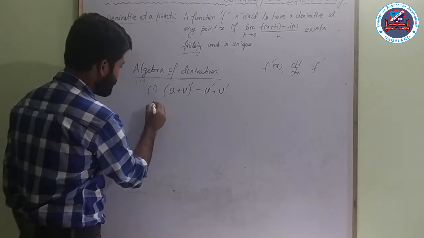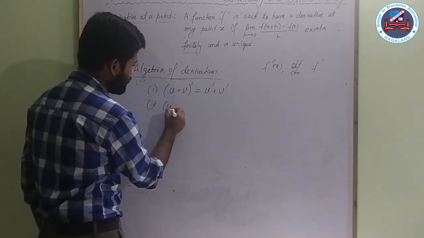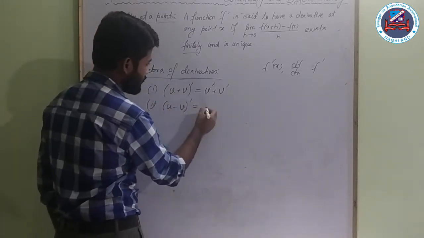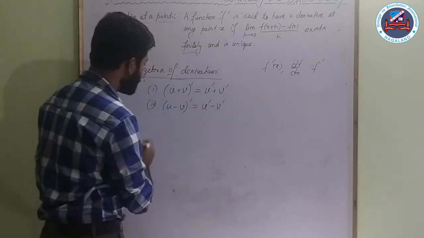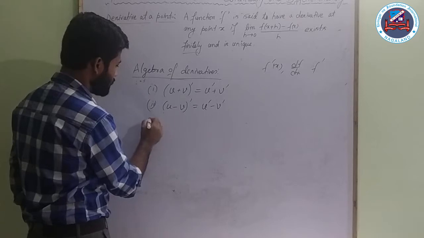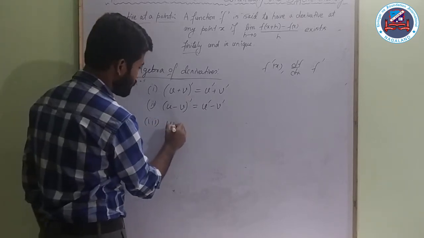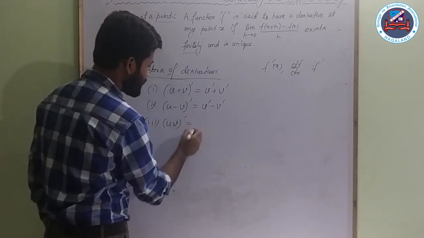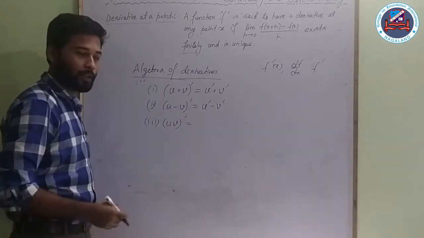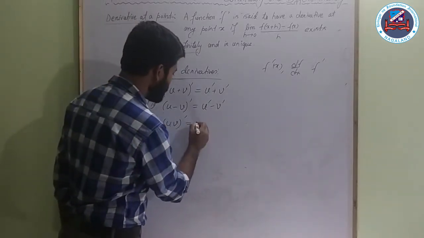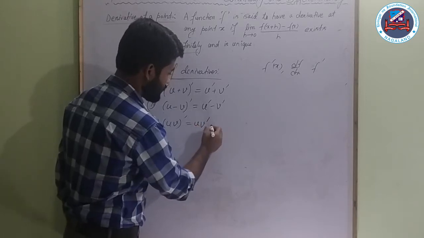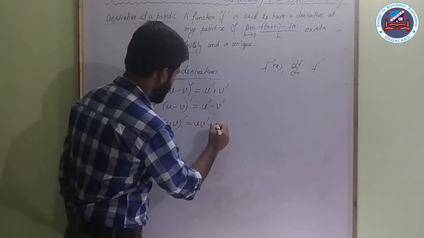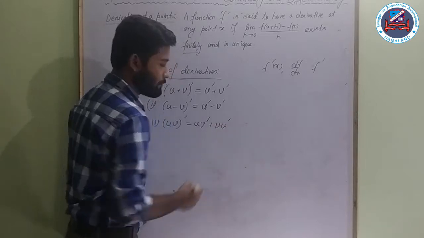The next we have is (u minus v)' is given by u' minus v'. The third property is the product of u and v, that is (uv)', the derivative of u and v. First we write the first function into the derivative of the second function plus the second function into the derivative of the first function.